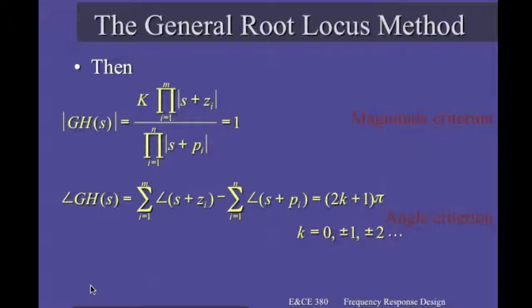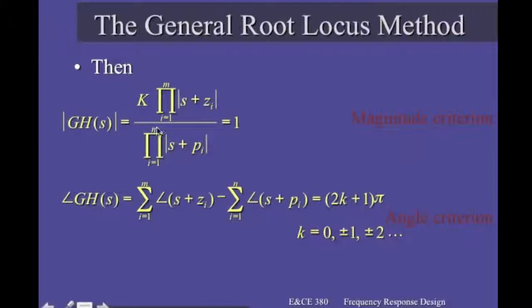So all values of the complex number s which satisfy at the same time the magnitude as well as the angle criteria are poles of the closed loop transfer function.